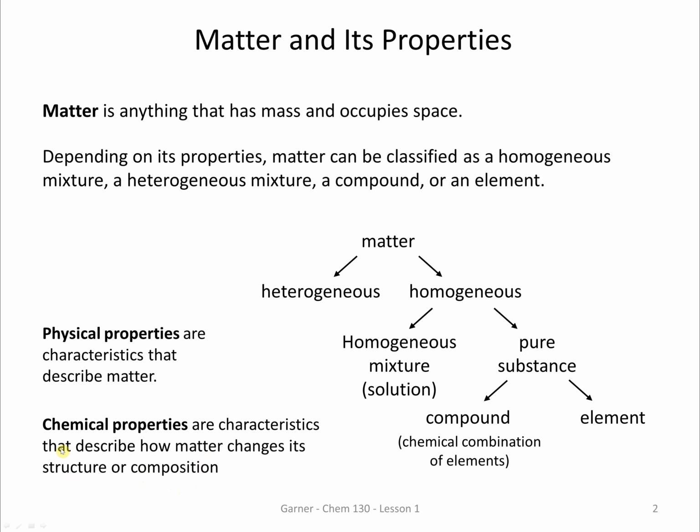So physical properties are essentially everything other than the chemical properties, so everything other than chemical reactivity. So physical properties describe the state of a material, the state of a substance. So these could be things like volume, size, temperature, melting points, boiling points, all of these other types of properties that are distinct from chemical reactivity.